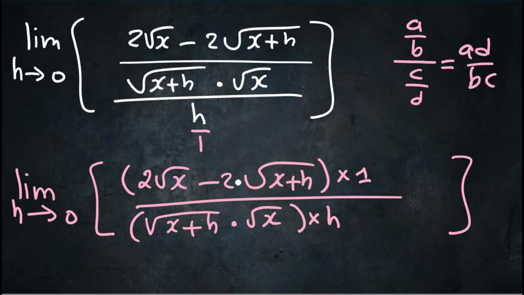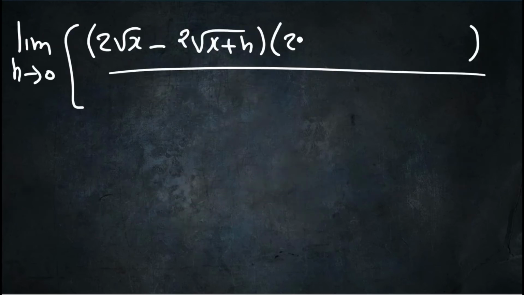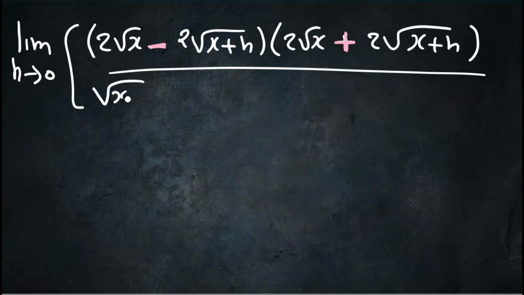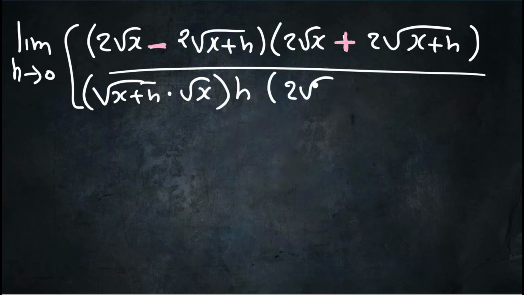Now we're going to multiply this fraction by the conjugate of 2 root of x minus 2 root of x plus h: 2 root of x plus 2 root of x plus h over root of x plus h times root of x times h times the conjugate 2 root of x plus 2 root of x plus h.